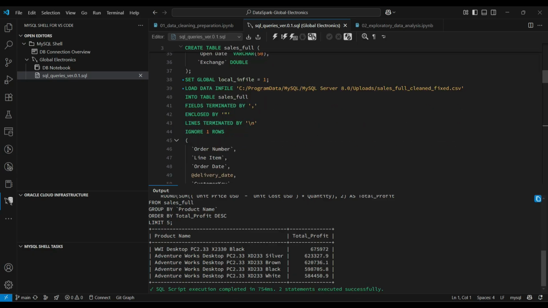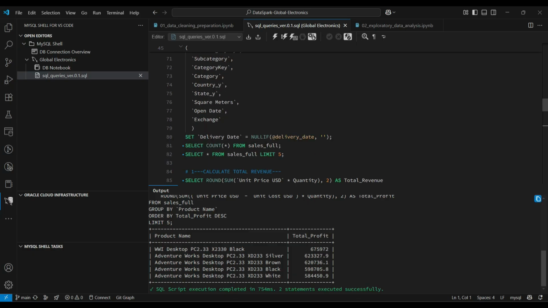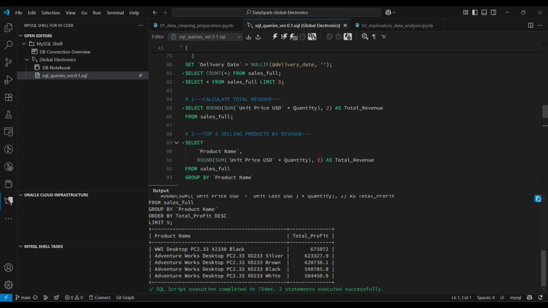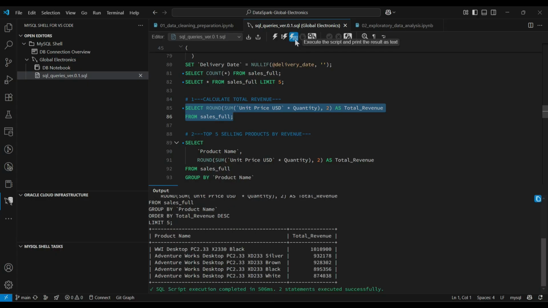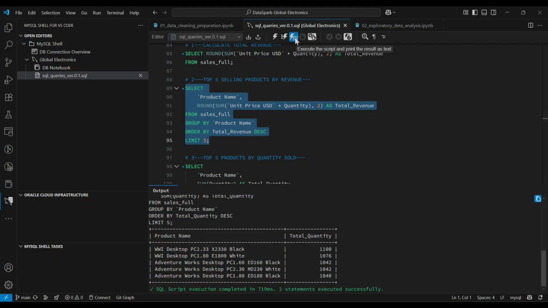SQL queries explained. To analyze the sales data efficiently, I first created a consolidated SQL table named Sales Full, combining key fields from orders, customers, products, stores, and currency data. Total revenue calculation.